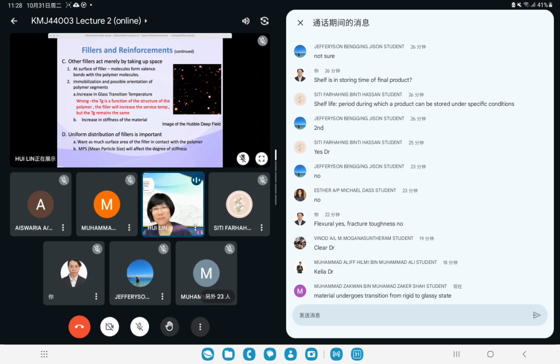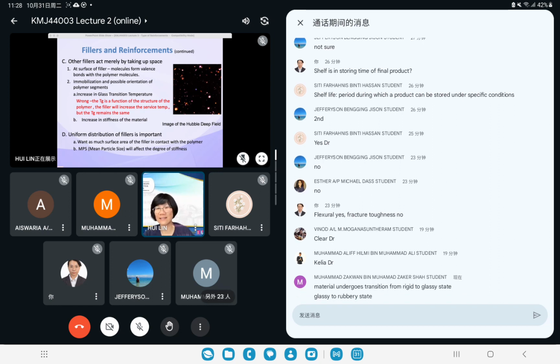Can you define a little bit more, Zakwan? The glassy is not rigid. Rigid to glassy state. Okay. From glassy to rubbery state.